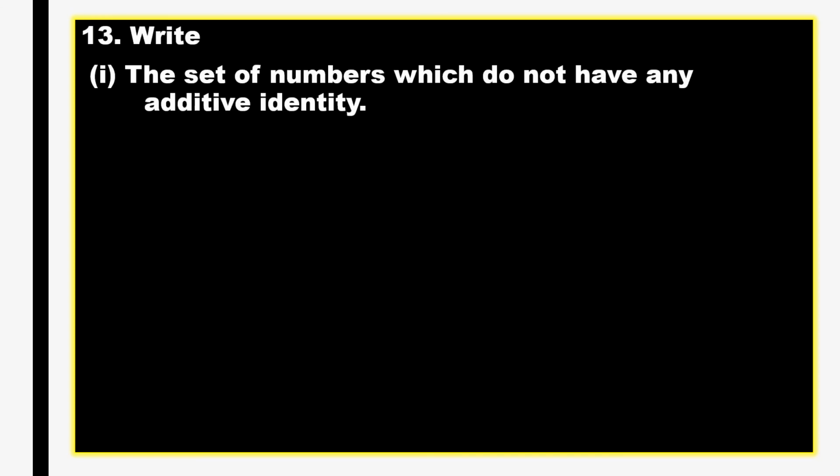Your next question is, the set of numbers which do not have any additive identity. We have the sets of natural numbers, whole numbers, integers, rational numbers, irrational numbers. From these sets, which numbers do not have any additive identity? Additive identity is 0, right?